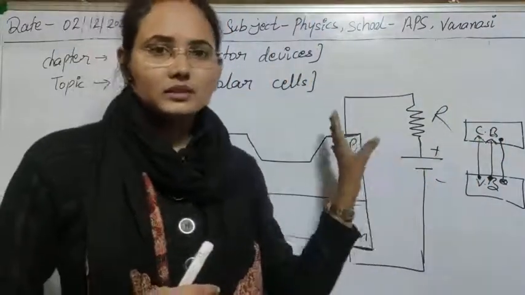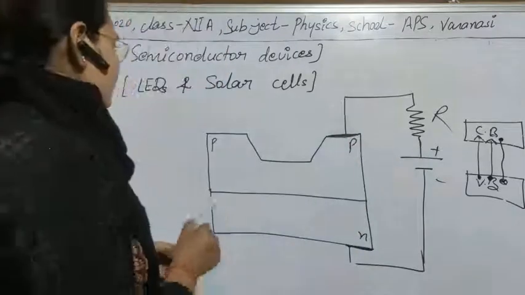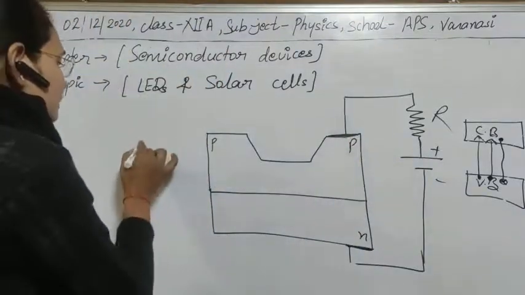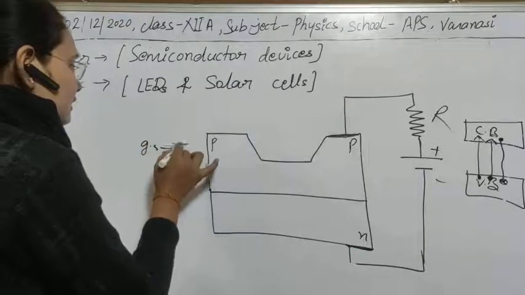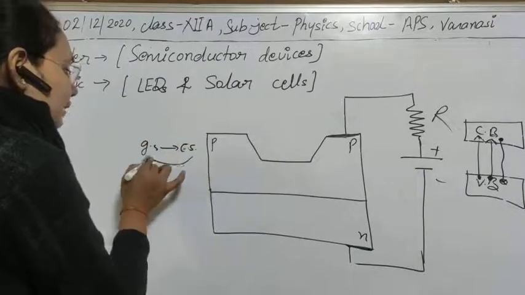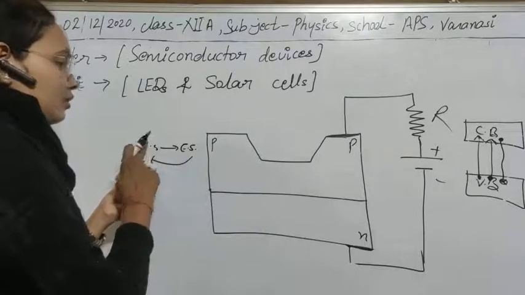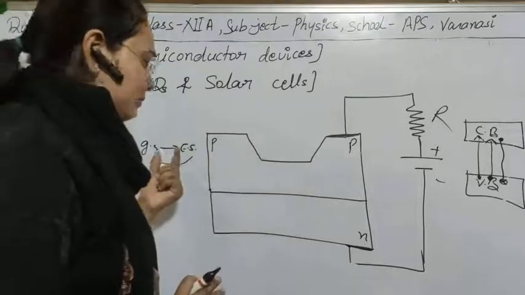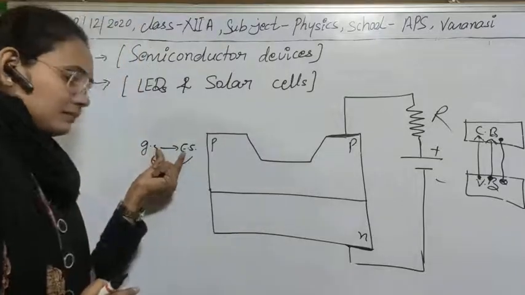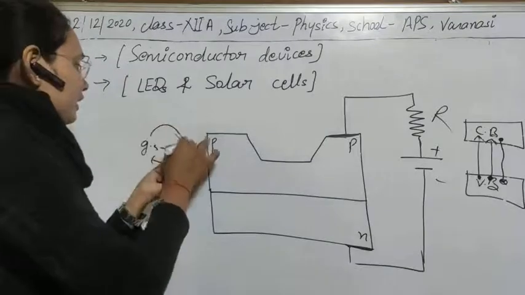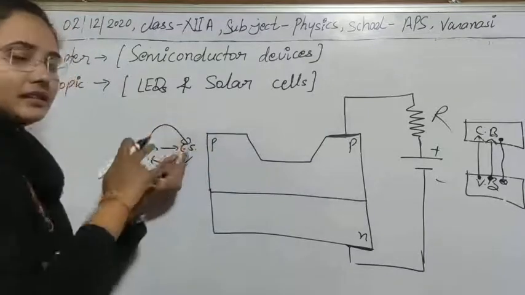I think you have understood it. Whenever an electron goes from its ground state to an excited state, then after 10 power minus 8 second it returns from the excited state to the ground state. And while returning, it has gained some energy.